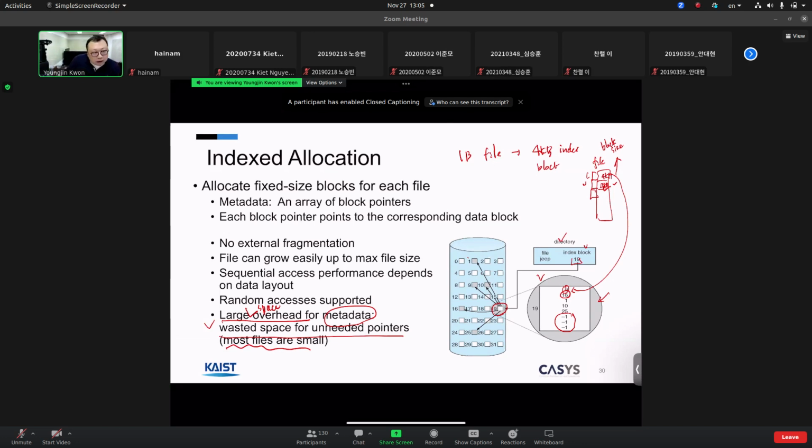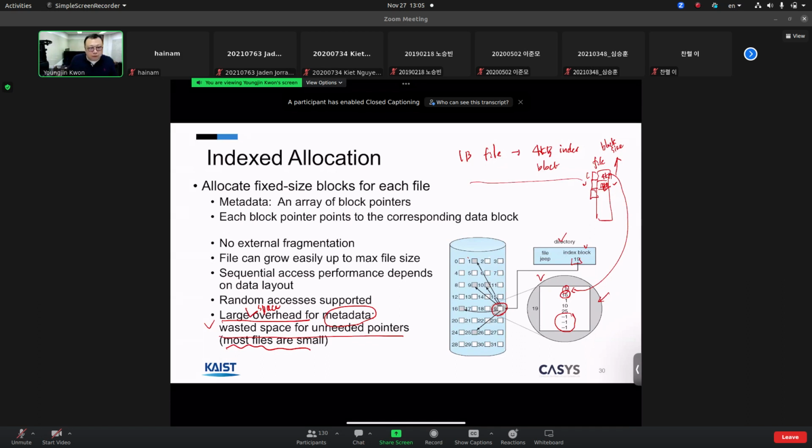Hard disks today are cheap, but when the file system was first invented, hard disks were super expensive, so this wasted space was a prohibitive cost. So the file system designers improved this problem by modifying the index structure. What was the idea?